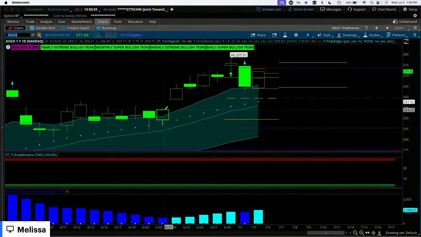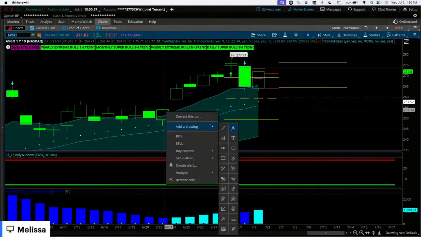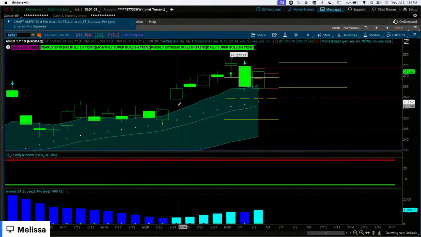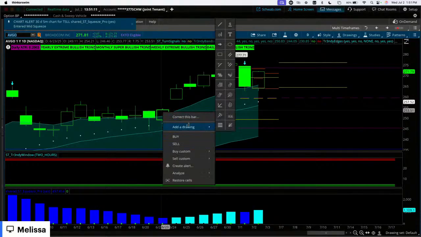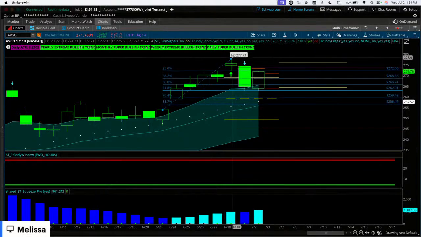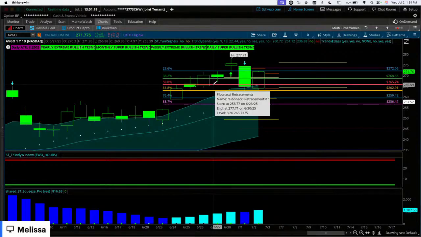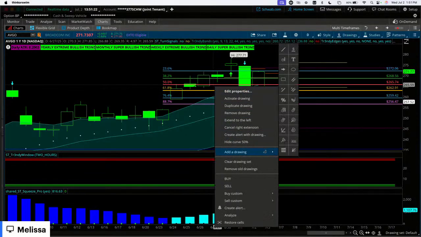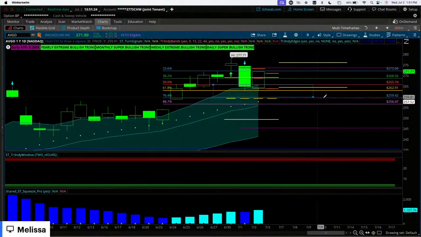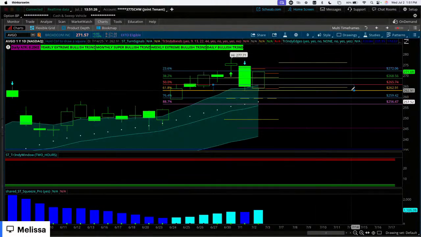okay, well, I guess it wouldn't change. We haven't made a new all time high. But run fibs, right? And like I said, I'm starting because this was a big gap up, and then we came up and made a new all-time high. So I'm going to run my fibs from where it closed before the gap up to the high, identify the golden pocket, right?